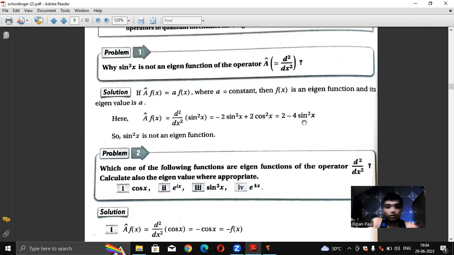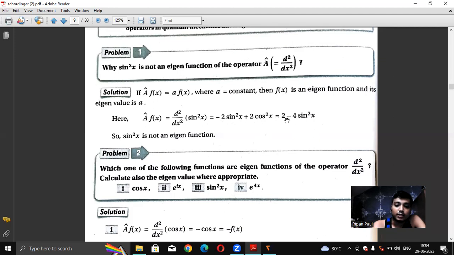So see, most of you will become confused in these facts and most of you will suggest that this is the eigenfunction, but this is not the eigenfunction, because here it is written that c times f(x) is the eigenfunction. I already said this earlier. So c f(x) here is 2 minus 4 sine square x.